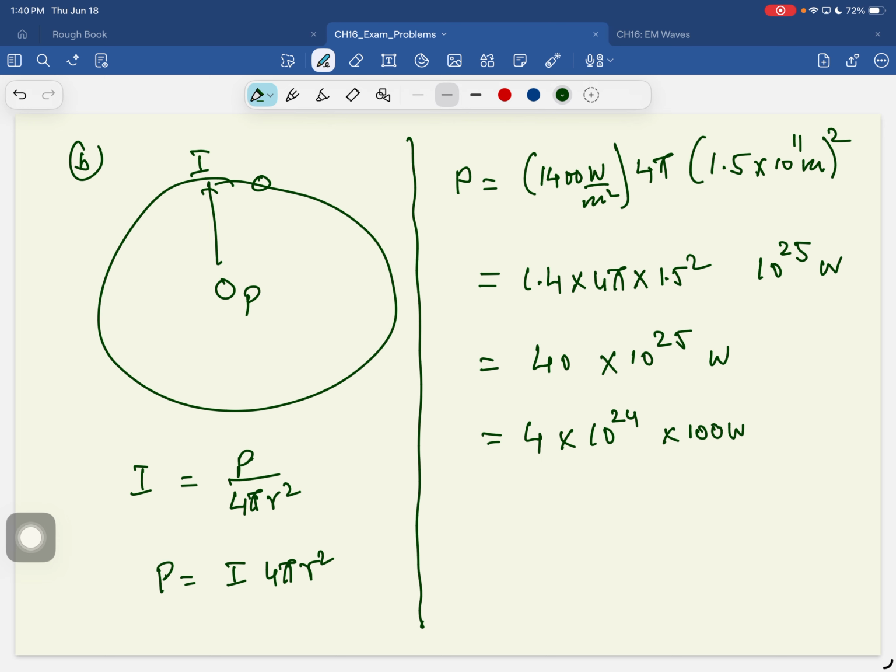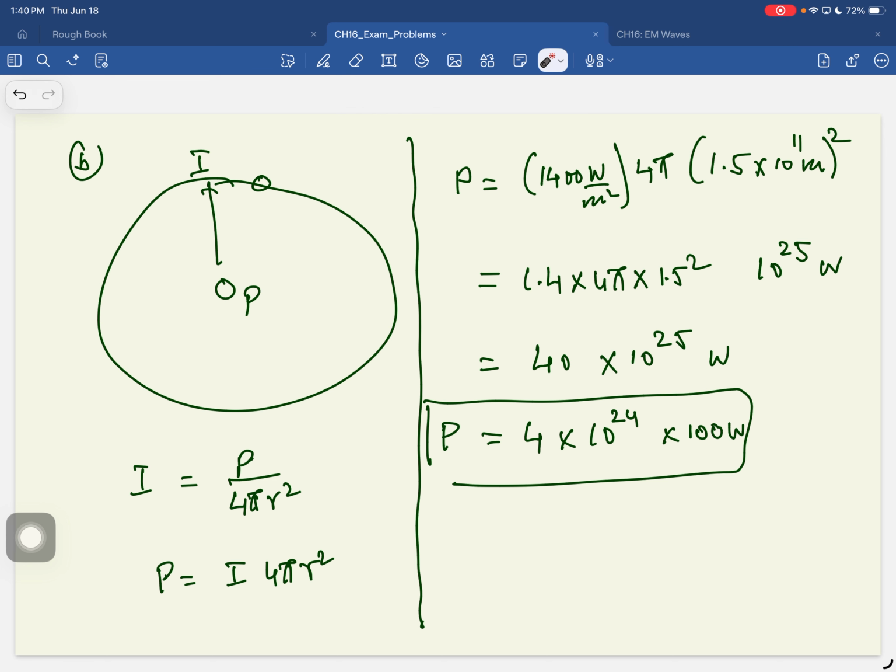So power radiated is intensity times area. We just calculated the intensity, 75 times 10 to the minus 15 watts per meter squared, and the area over which it's radiated is 1.5 times 10 to the 13 meters squared.